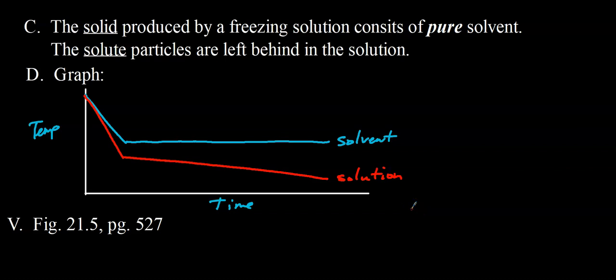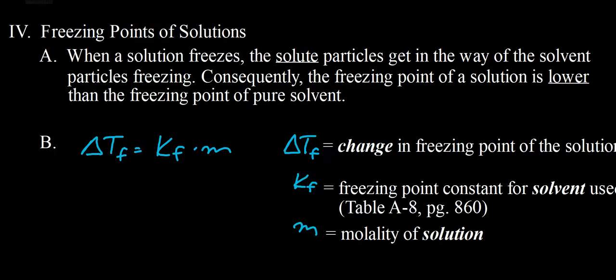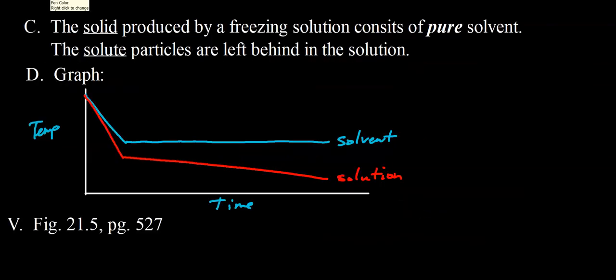And as we saw with boiling points, as concentration increases, as m goes up, so does delta T, our difference, again, between the freezing point of the solution and that of the pure solvent.